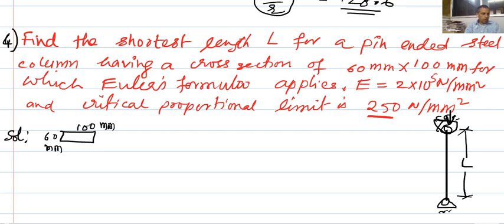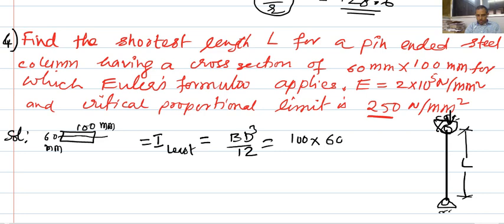Okay. So now, for the Euler formula, let us find the moment of inertia, and which moment of inertia? The least moment of inertia. How much? That is B D cube by 12. So definitely it is going to buckle towards the least dimension side, the 60 side. So B is 100, D is the shortest, 60 cube by 12.